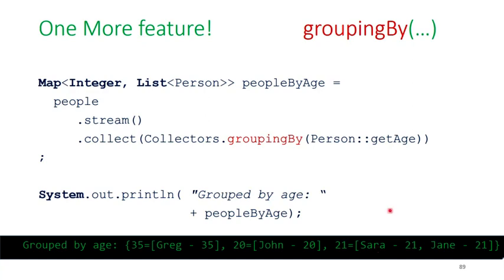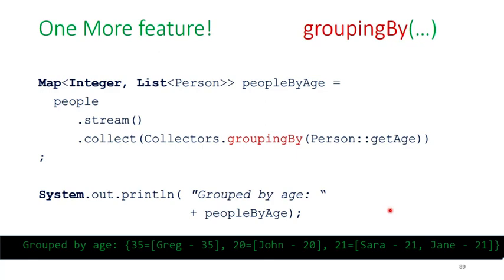So this is what the grouping by did for us. It took whatever was coming in the stream. It used the age as a criterion. So for every different age that is available in my stream, I'm going to have an entry in a map. And the key for that entry will be the age. And then I'm going to look at how many different person objects in my stream have that same age, and I'm going to put them in a list of person.